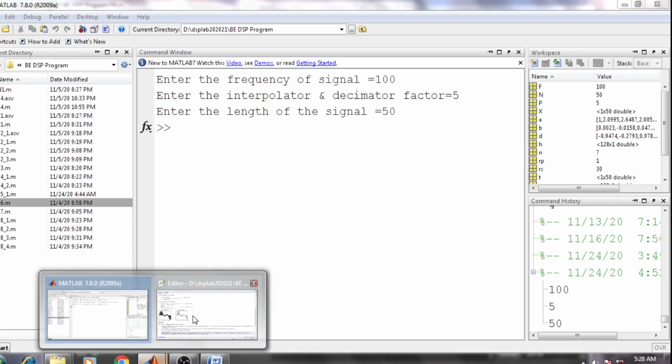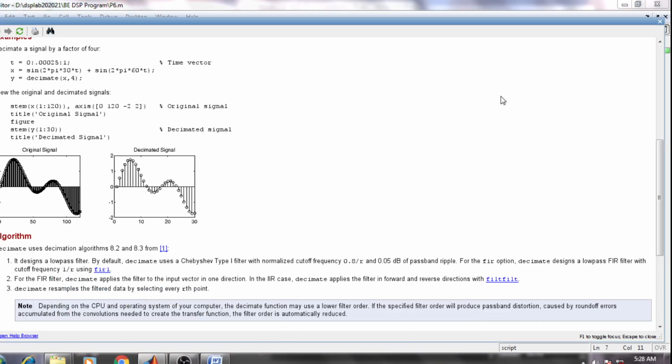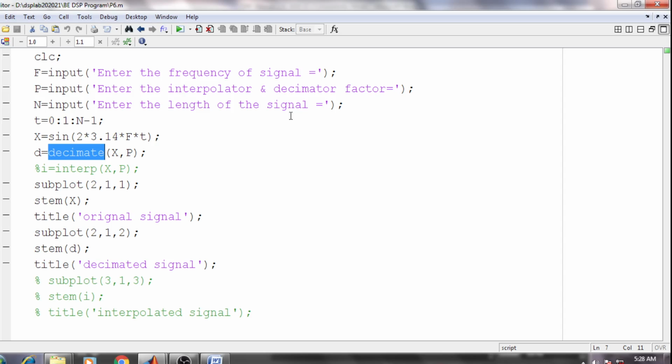I just close this help, so I go over the program. Once this decimate function accepts the values x and r, we get the value of d, the decimated value.